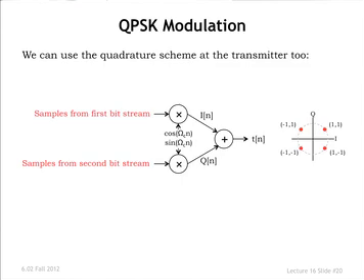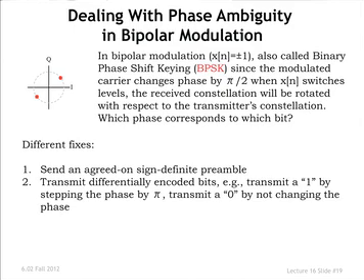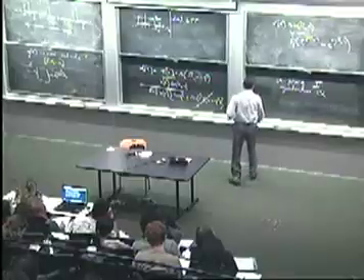All right, so this kind of bipolar signaling, what's called phase shift keying, I didn't explain that really, did I? We've said it before, but we've talked about bipolar or phase shift keying.